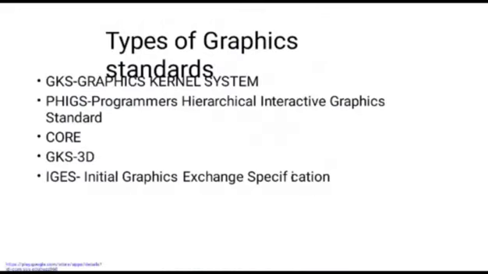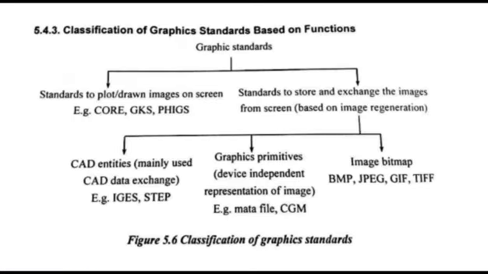The types of graphics standards. There are 5 types. First one is graphic kernel system and the second is programmer's hierarchical interactive graphics standard. Third one is core, then graphics kernel system 3D and the initial graphics exchange specification.